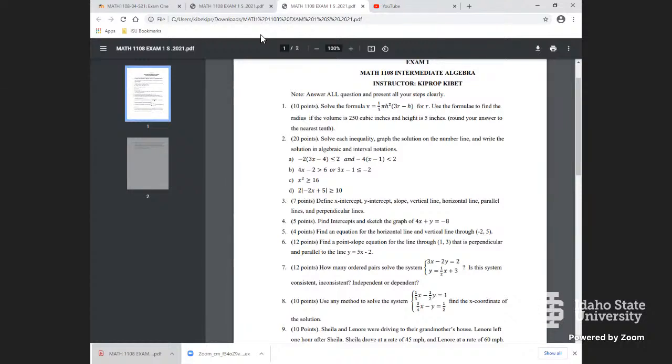So it is 2 and then minus 2x plus 5 greater or equals to 10. So our first step is what? First step. Is it this one? Hold on. Which I can't see. Which one?